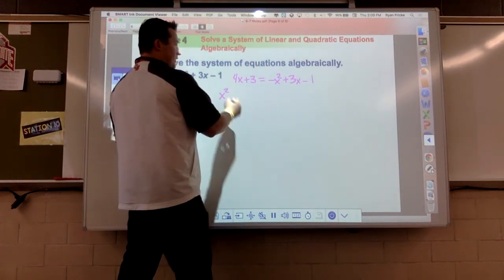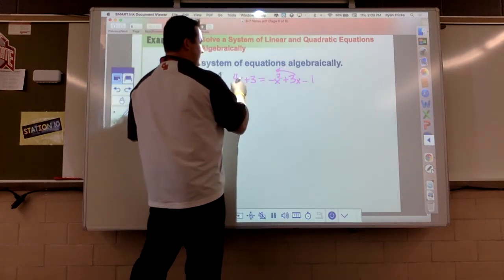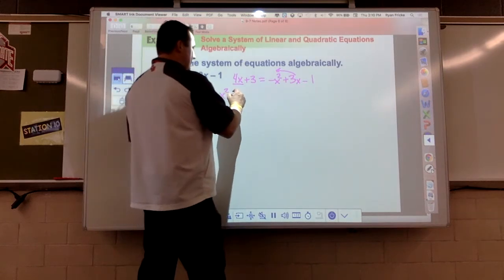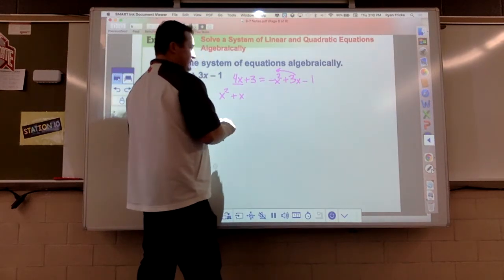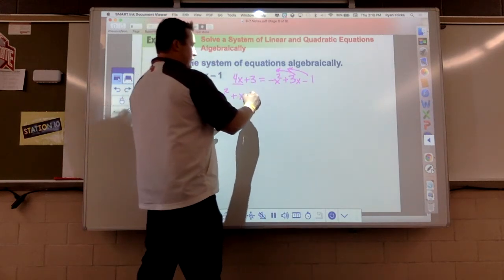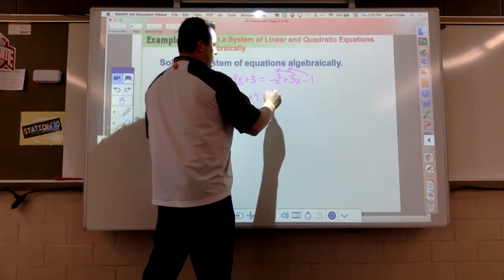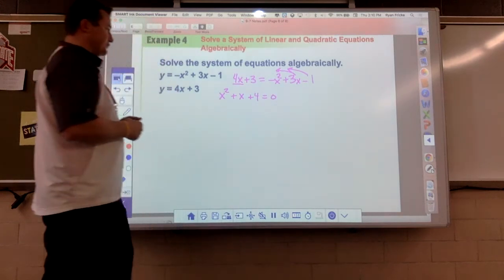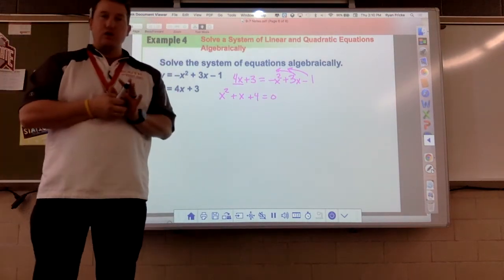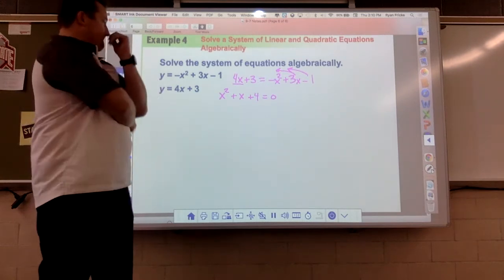It combines with no one. When I move 3x over, it combines with this term, giving me plus 1x, or just x. Then we move negative 1 over here and add it to the 3 to make 4. Equals 0.